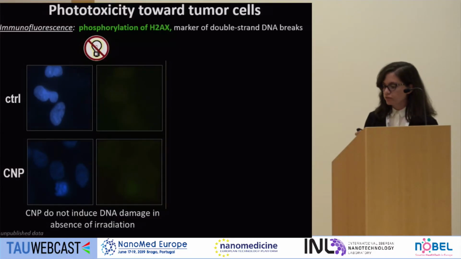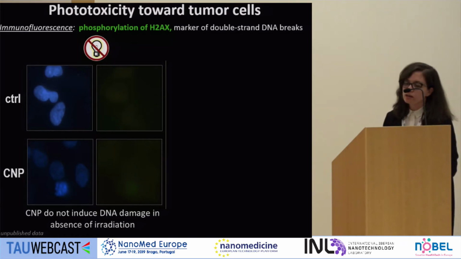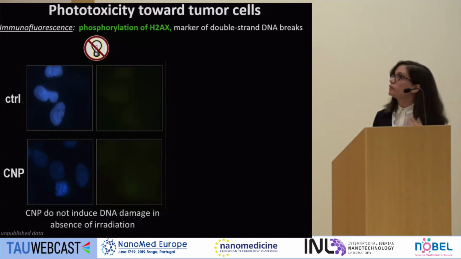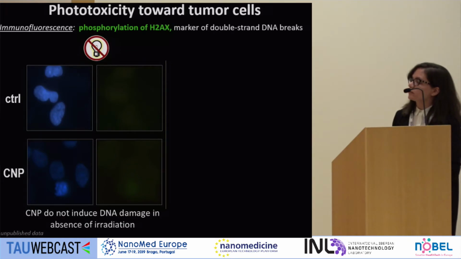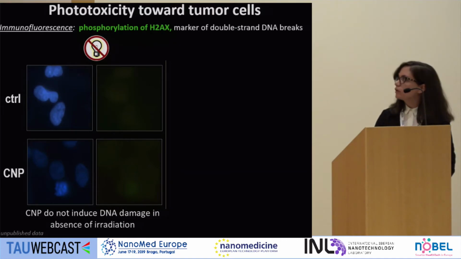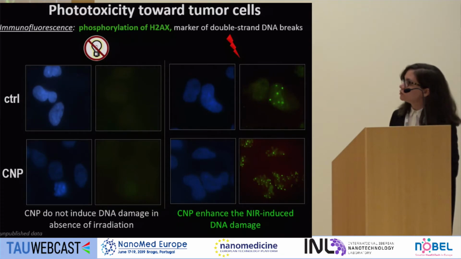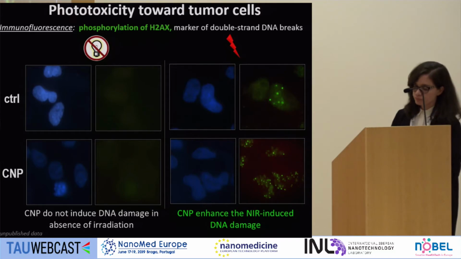Finally, the outcome of carbon nanoparticle phototoxicity was also evaluated by investigating DNA damage, and we found that the nanoparticles incubated with cells do not induce DNA damage in absence of irradiation. On the other hand, nanoparticles enhance the NIR-induced DNA damage following NIR irradiation.